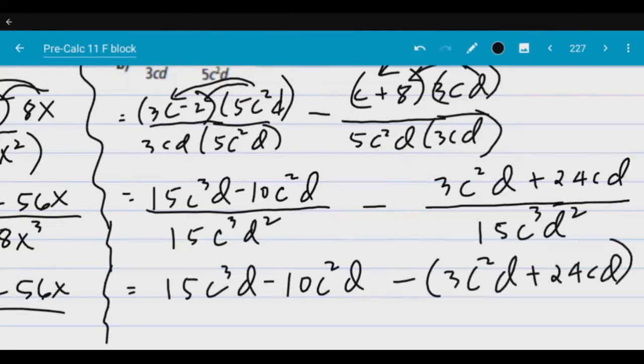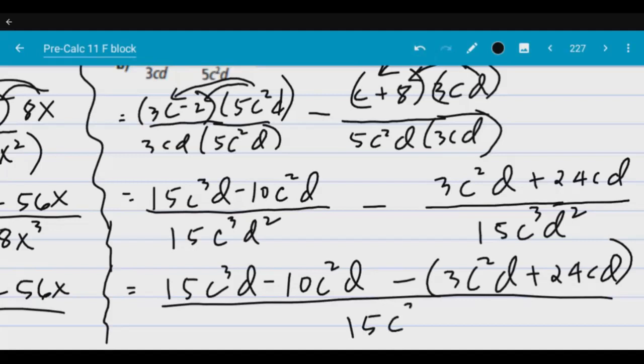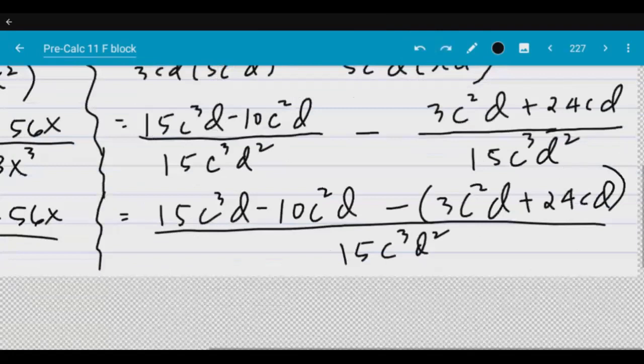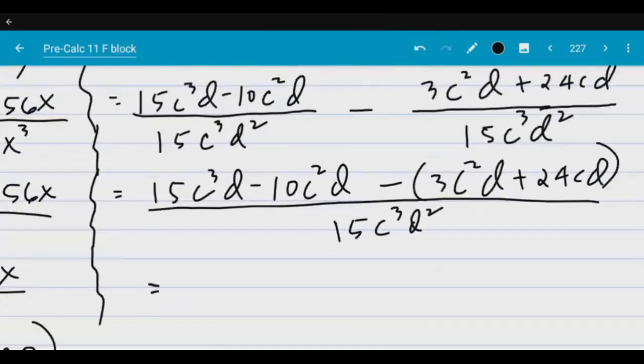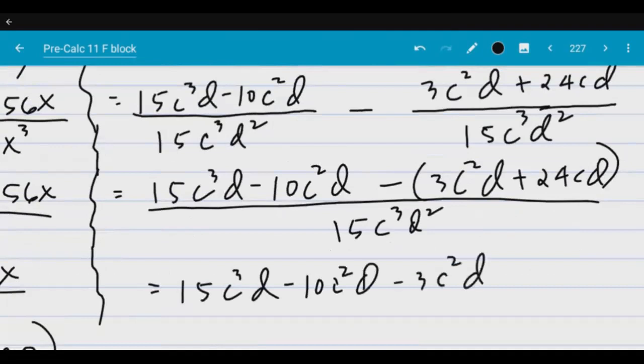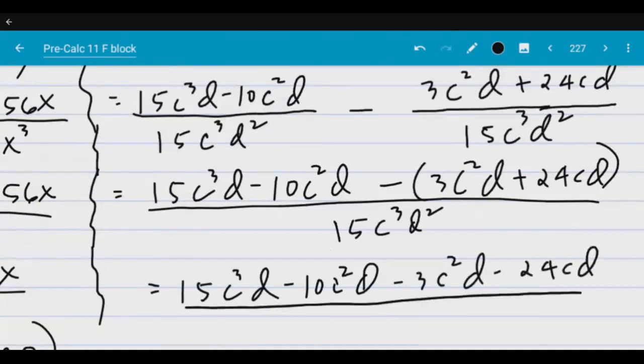As you can see, that negative would be distributed to each one in the original numerator. Okay. Which gives me 15c cubed d minus 10c squared d minus 3c squared d minus 24cd all over 15c cubed d squared.